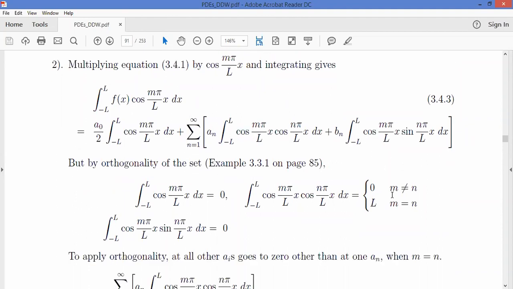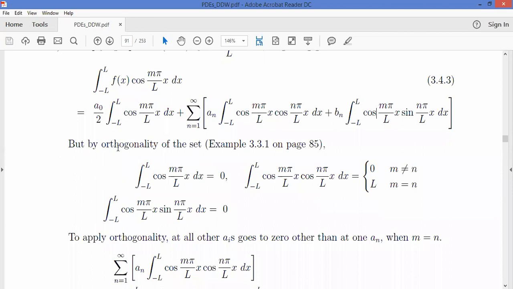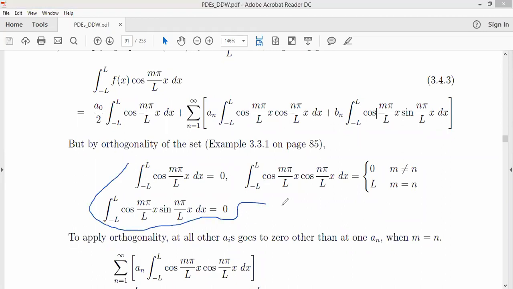Now we bring back our condition: m not equal to n, that is 0. By orthogonality, this part here, we have already looked at it. We are simply recalling it. This one we have up there, guys.